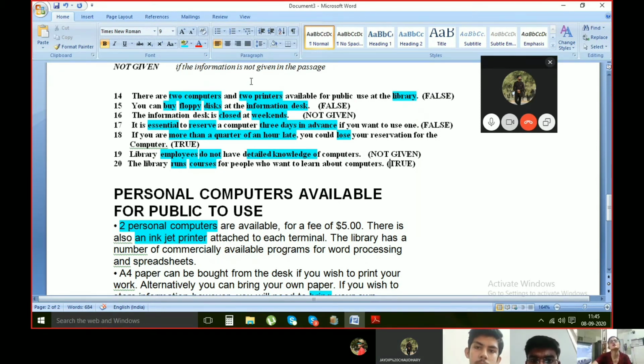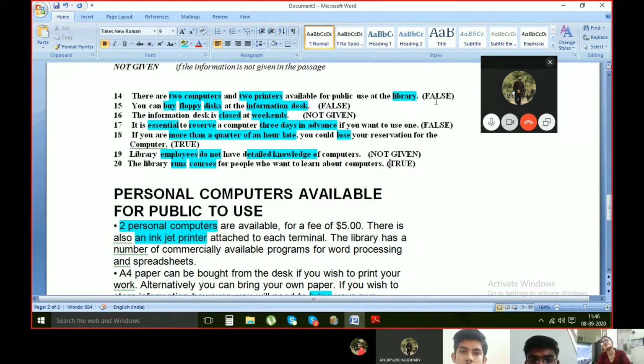See, there are 2 computers and 2 printers available for public to use at the library. See, Hitesh, in the passage it is written 2 personal computers and an inkjet printer for public use. Now tell me, Hitesh, is the information matching or not?